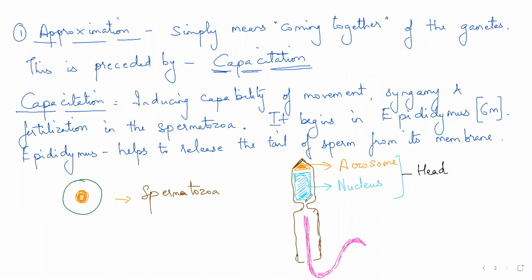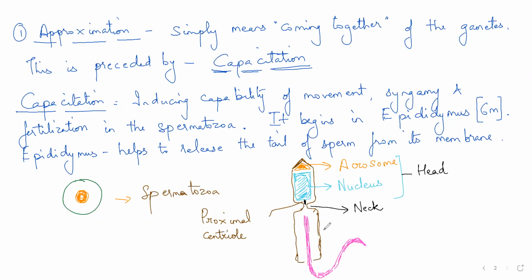There is a small centriole extending from the head into the neck. This region is the neck. This centriole extending from the head into the neck is known as the proximal centriole, right?